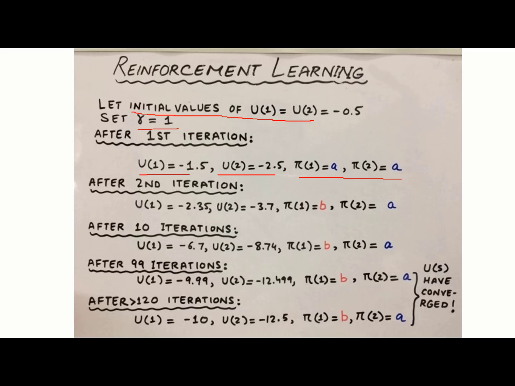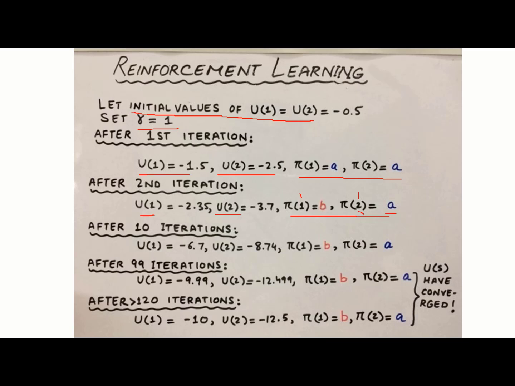After the second iteration, the values of U1 and U2 are -2.35 and -3.7 respectively, and the policy has now been updated. It says that you should take action B in state 1 and you should take action A in state 2.